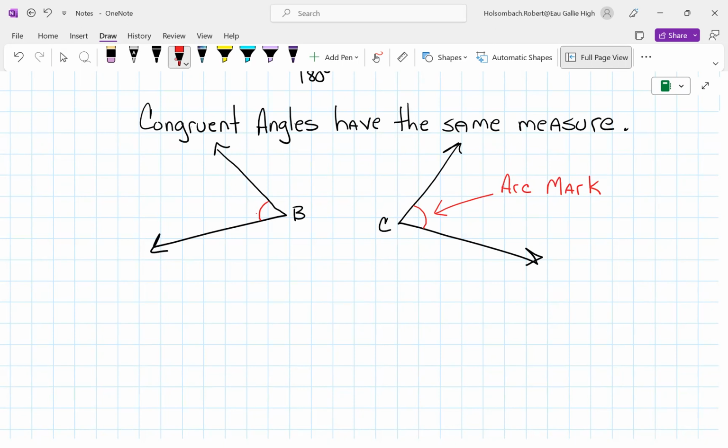If angle B and angle C both have a single arc mark, then angle B, here's the symbol for congruent. It's the equal sign with a little squiggly line over the top. Angle B is congruent to angle C. We read this symbol as "is congruent to."